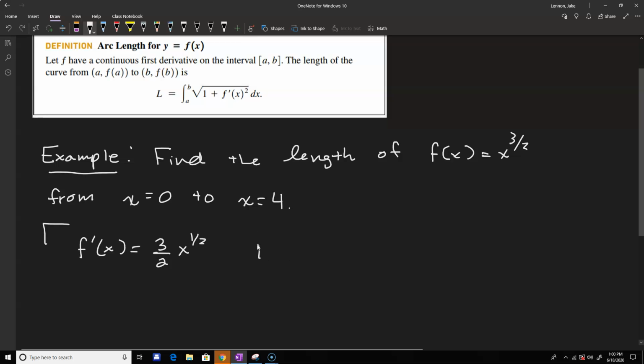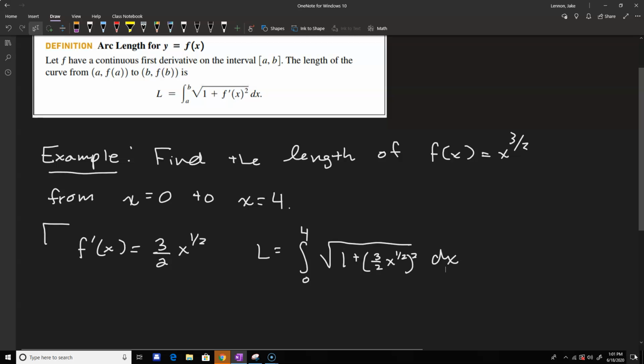So our arc length is just going to be the integral from 0 to 4 of the square root of 1 plus this quantity, the derivative squared. So 1 plus this 3 over 2 x to the 1/2 quantity squared dx.